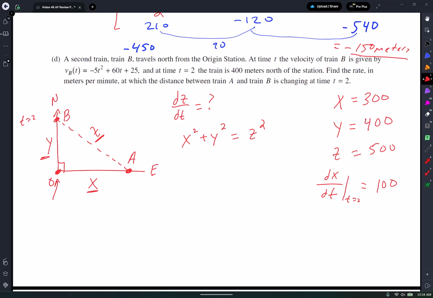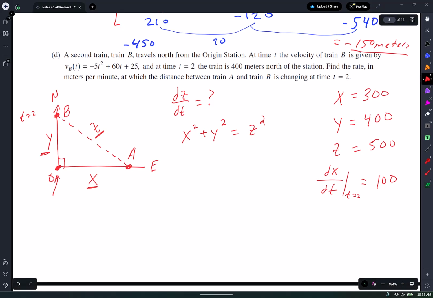So dx/dt is velocity in the x direction. If dx/dt bothers you, you can say vA of 2. vA of 2 equals 100. But you're going to need dx/dt, though. I'm also going to need dy/dt.